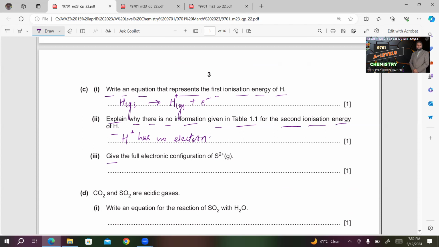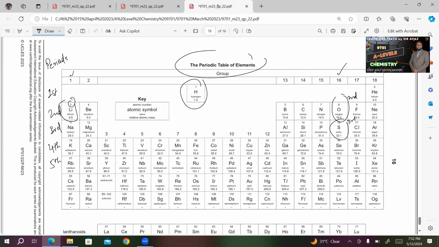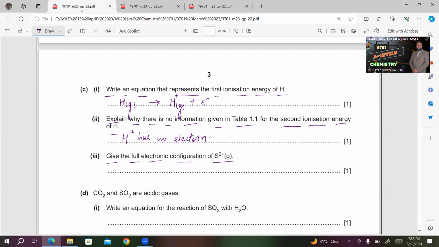Number 3, give the full electronic configuration of S2 plus gas. S2 plus gas means it has lost 2 electrons. Here's sulfur, proton number 16, which means the electronic configuration will be like this: 1s2, 2s2, 2p6, 3s2, 3p4.